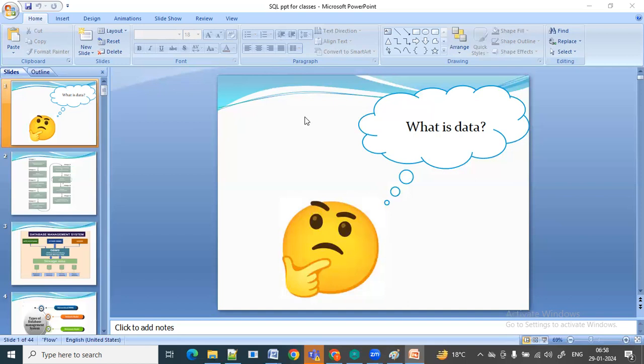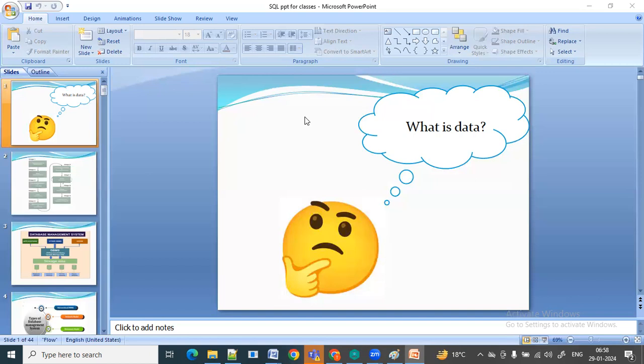Now, information about that object is nothing but data. This is my definition for data. The moment data comes into the picture, information about any object is nothing but data.